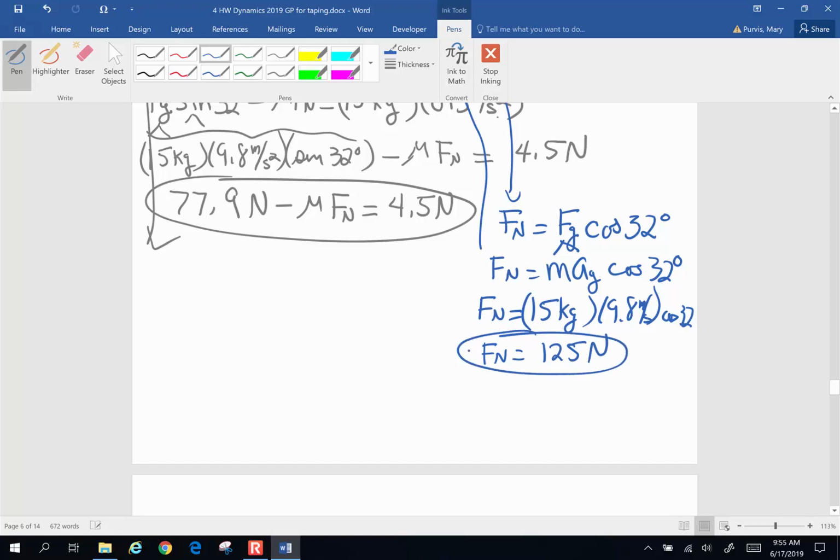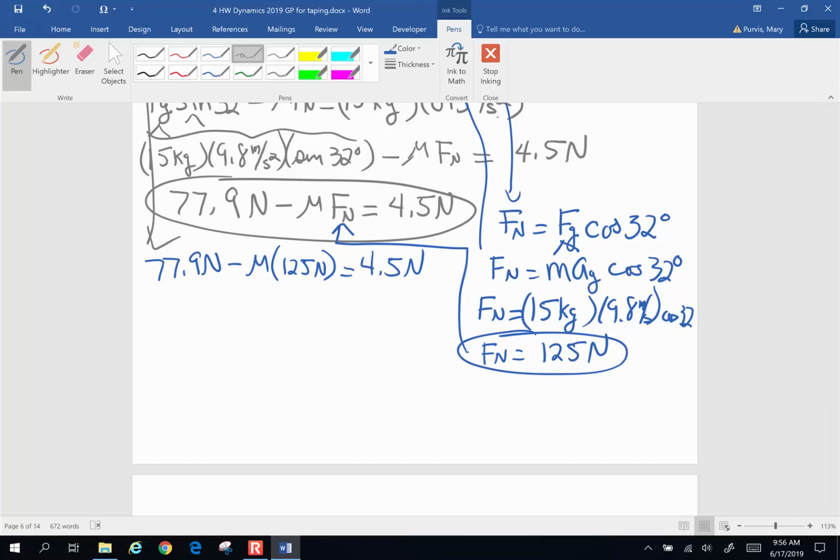Now that I have normal force, I'm going to shove it back up here. And normal force is going to be that. So I'm going to end up with 77.9 newtons minus mu times 125 newtons equals 4.5 newtons. I can solve for mu.